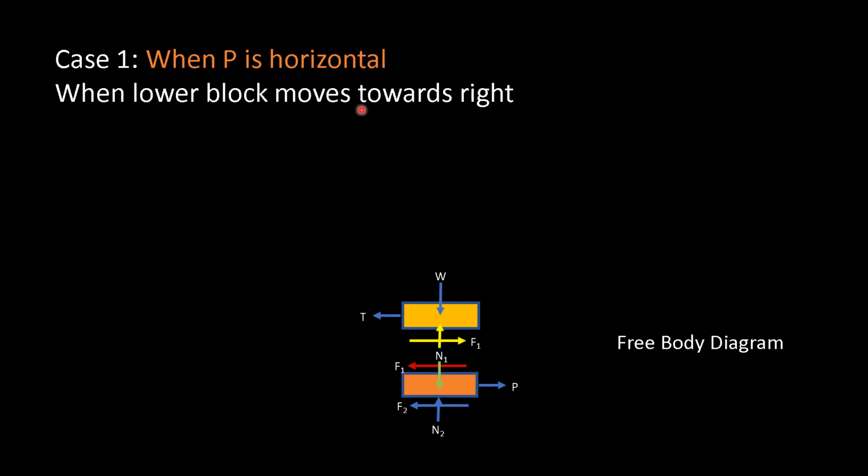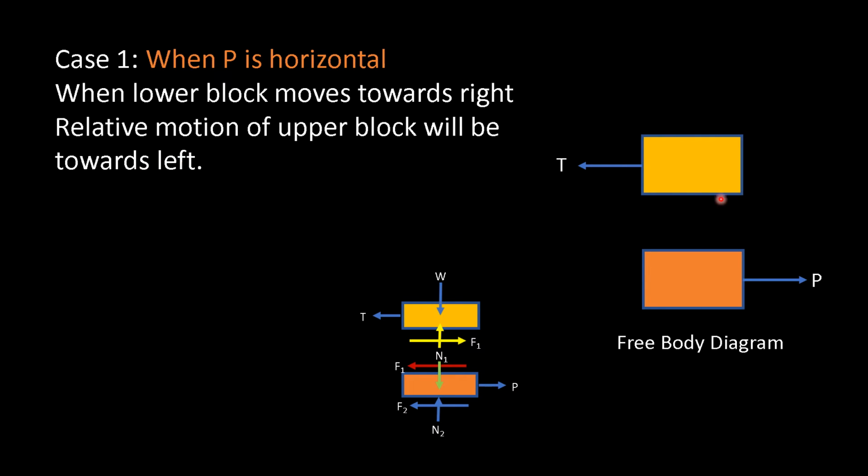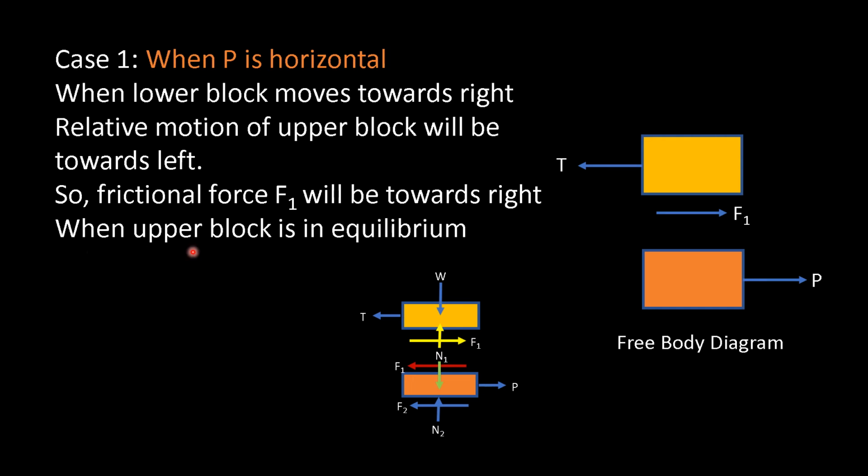When lower block moves towards right, like this, relative motion of the upper block will be towards left, like this. So frictional force F1 will be towards right. When upper block is in equilibrium, this one, summation of vertical forces will be 0.